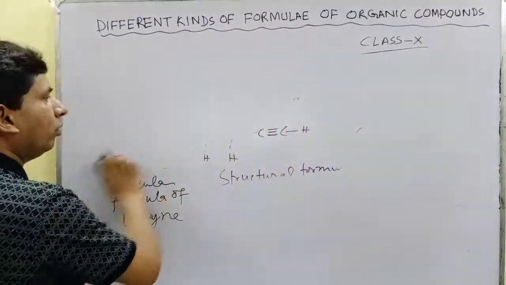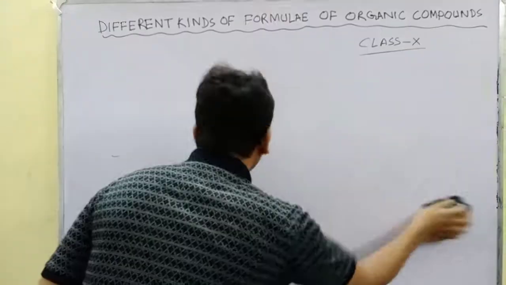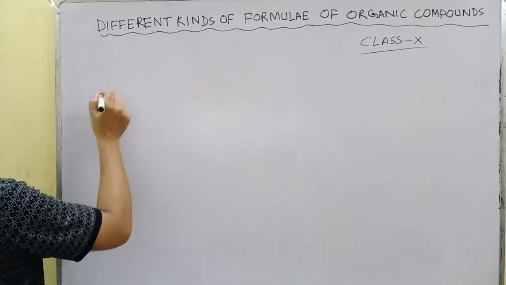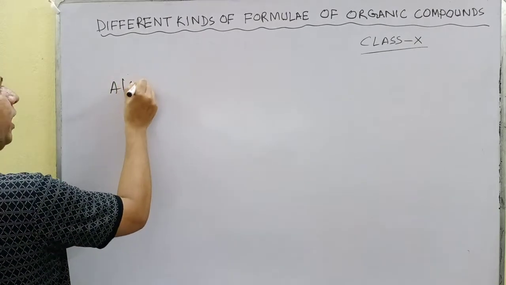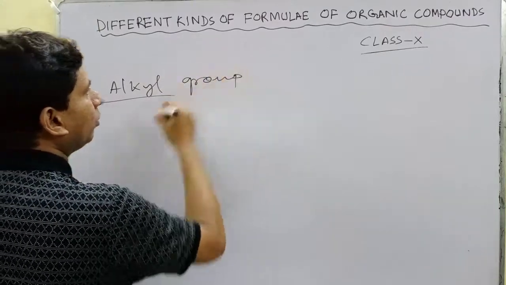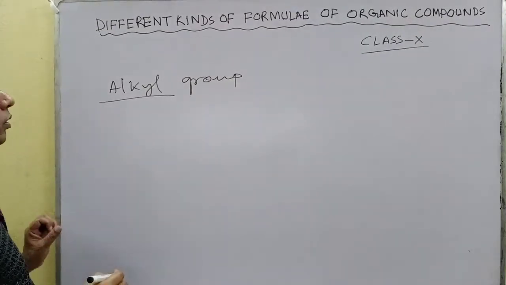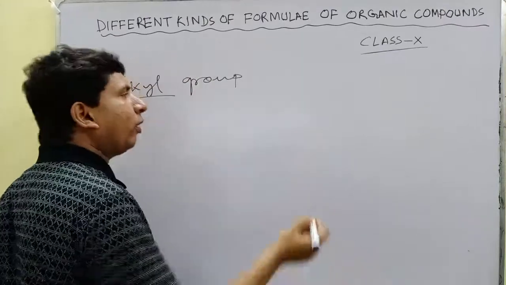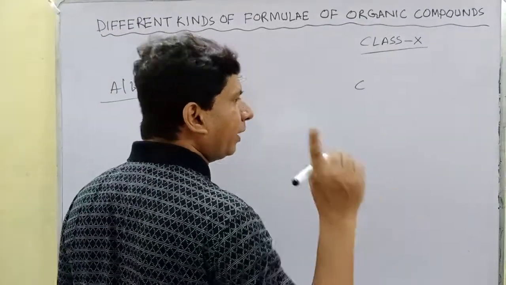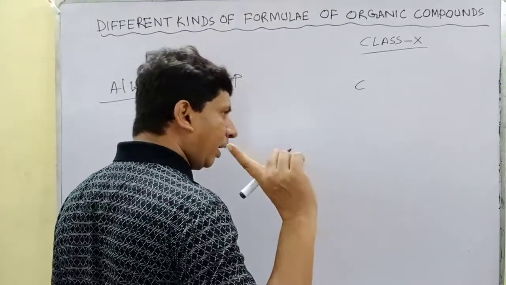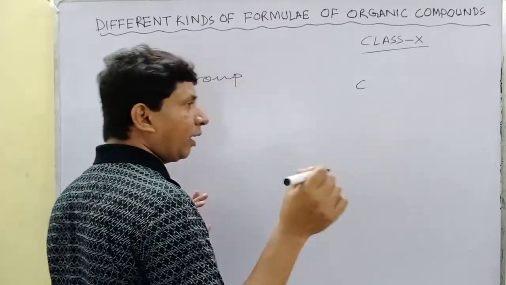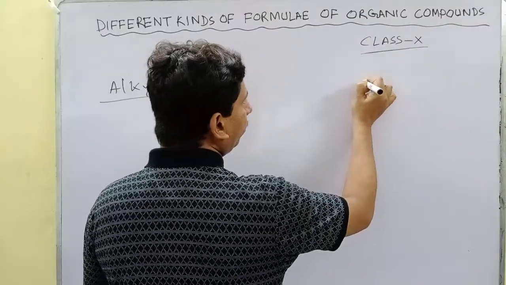Now in this video I will also discuss the alkyl group. If there is a one carbon containing hydrocarbon, before that I already discussed hydrocarbon. A compound containing hydrogen and carbon is known as a hydrocarbon.